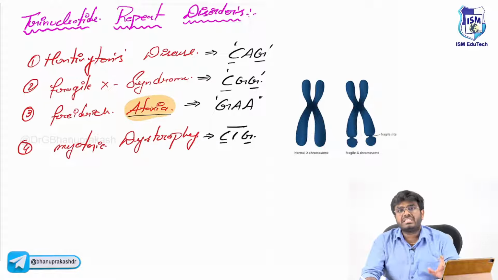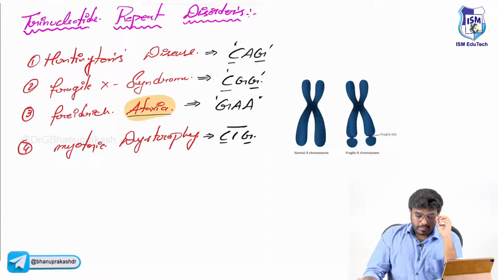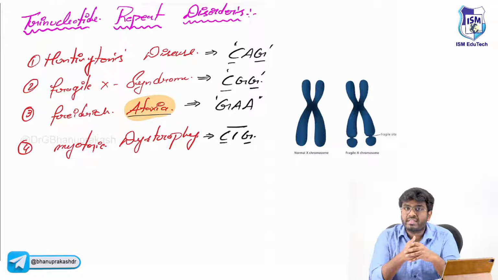Ataxia means gait, GAA, but everything else starts with C and ends with the same G. So tell me, Huntington's disease, what are the repeats? CAG. Fragile X Syndrome, CGG. Friedreich Ataxia, GAA. And myotonic dystrophy, it is CTG.